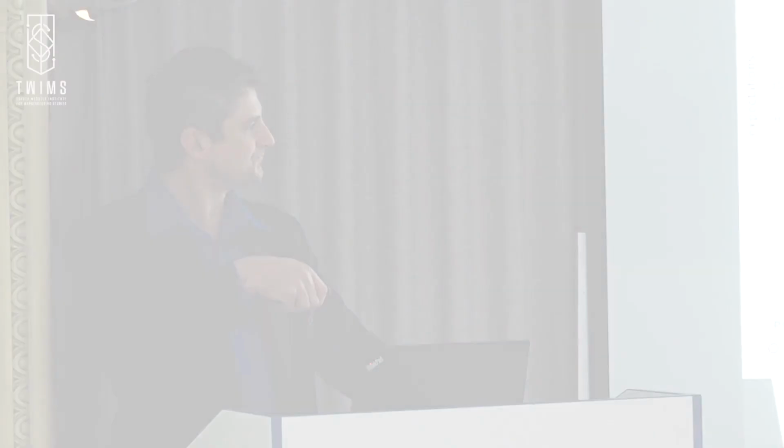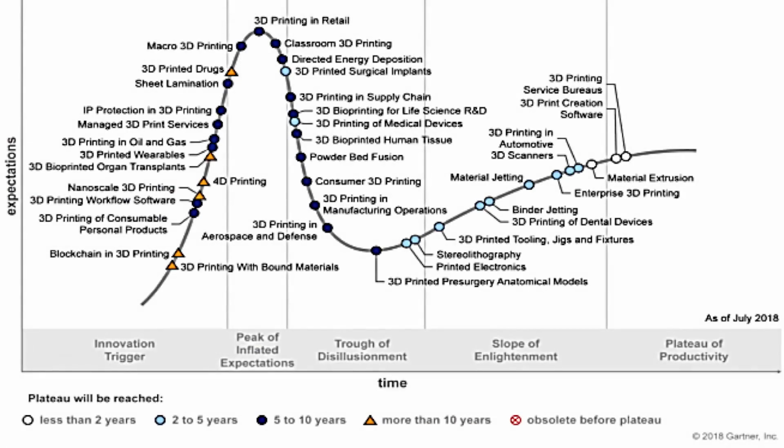For those who don't know the Gartner hype cycle, what it says is the expectations of a technology as a function of time. So when a technology emerges, the expectations are not that great yet. But then people start to be creative and they start dreaming, which is a nice thing about human beings. And we start seeing, imagine what we can do.